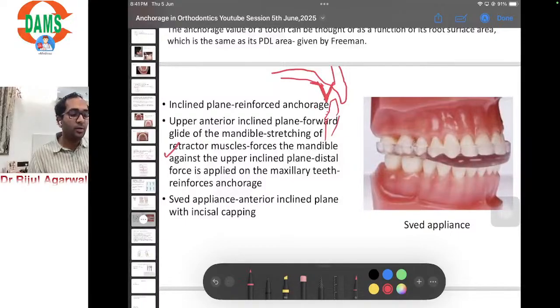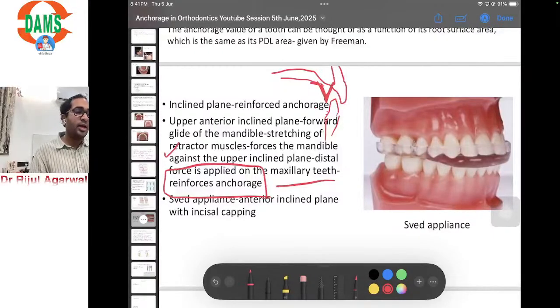What will happen? For every desirable action, there is an undesirable action as well. The lower jaw is getting mesialized, so the undesirable effect is that the upper jaw, or the upper teeth, will get distalized. That is why it reinforces our anchorage. So the lower jaw is getting mesialized, the upper jaw is getting distalized.